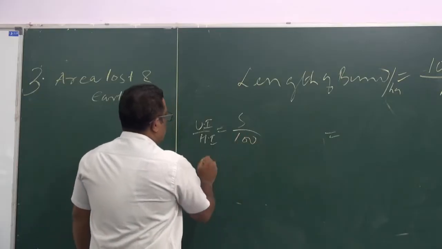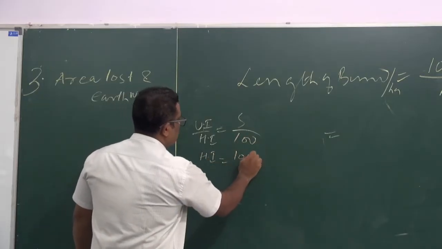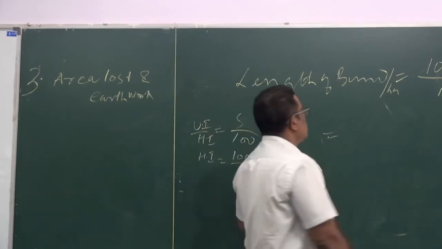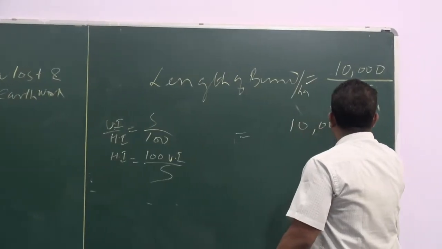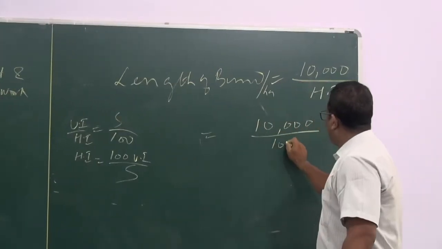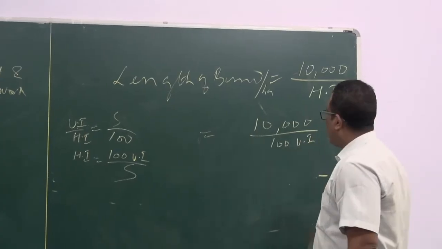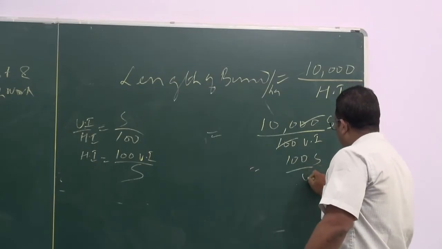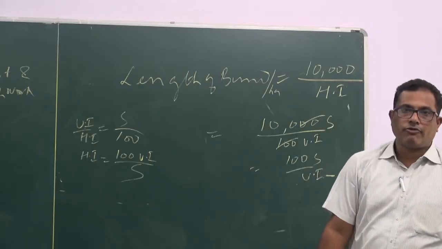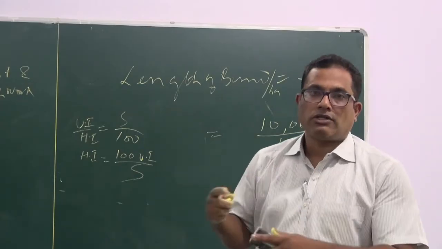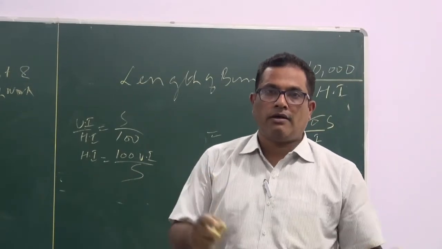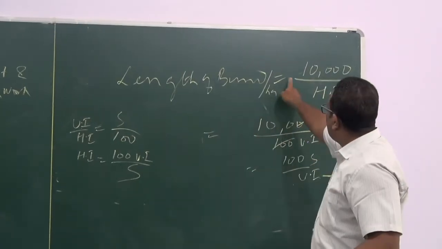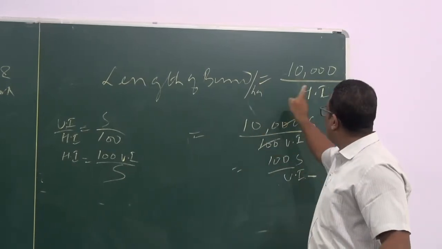So Hi is 100 Vi by S. If you know the slope, you can find out the vertical interval by that general formula, depending upon the rainfall, 10S plus 60 or 15S plus 60. Then you can find the total length of the bund by knowing the horizontal interval.